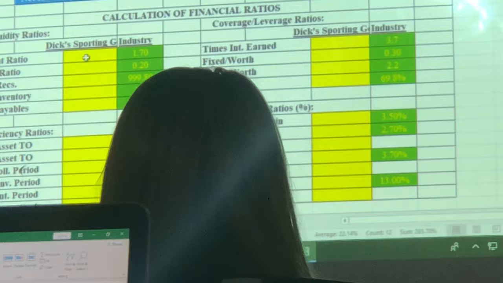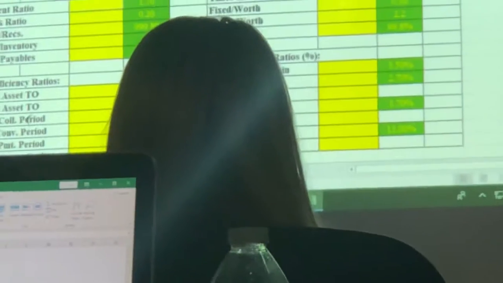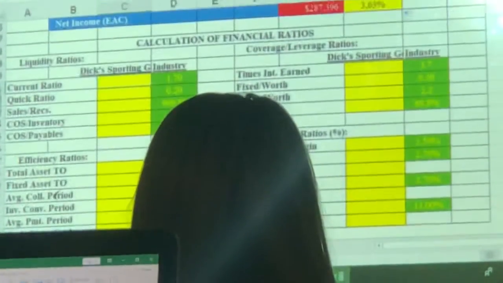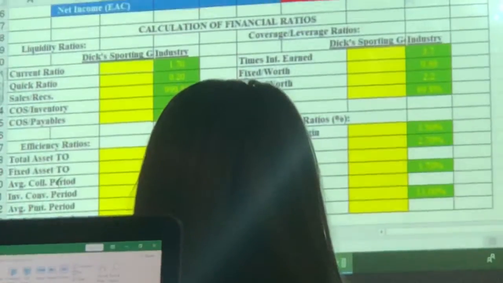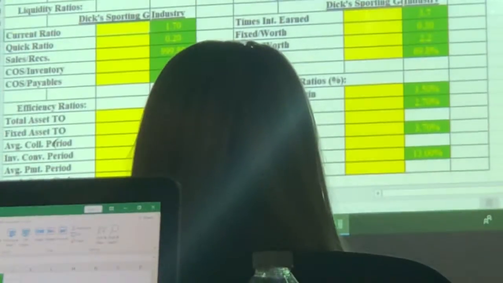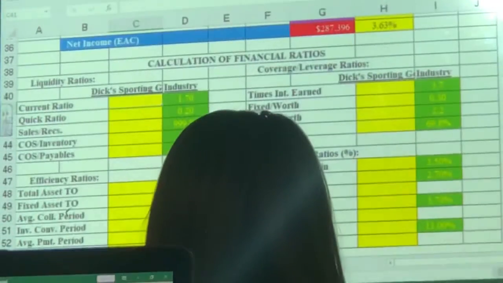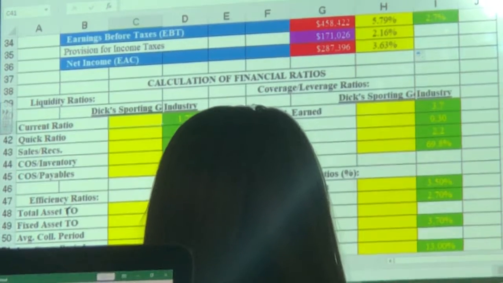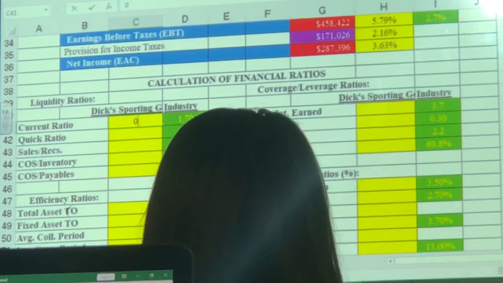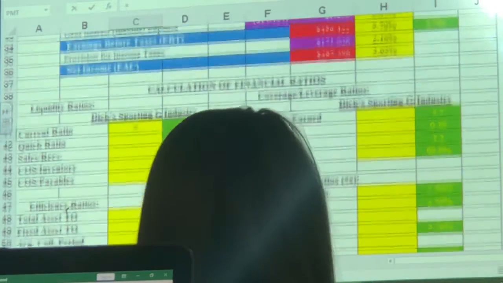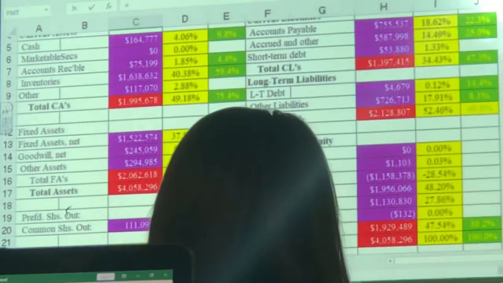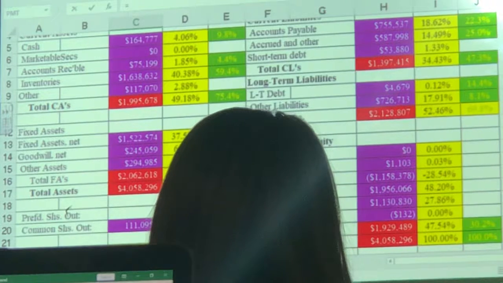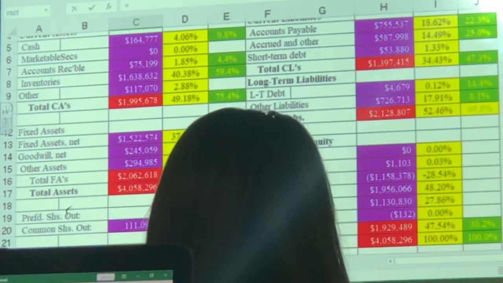All right, now I'm going to say each ratio twice. I know that we're visual creatures, we like to see it, but it might be just as well if you just type as I say it. So C41, the current ratio, is going to be C10 divided by H8.